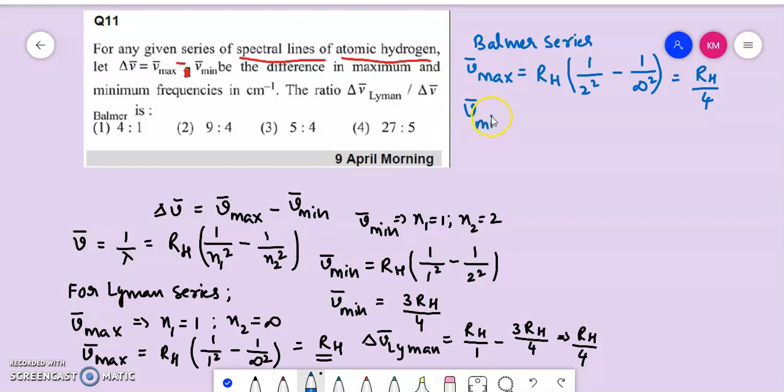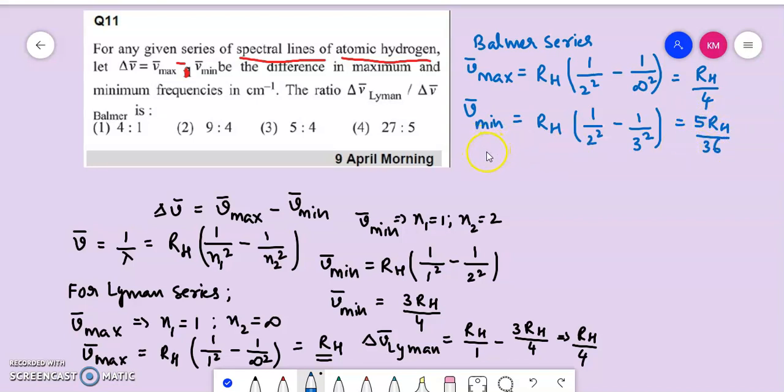Similarly, nu bar minimum will be equal to RH of 1 by 2 square minus 1 by 3 square, that is the next level, which upon solving gives you 5RH upon 36.